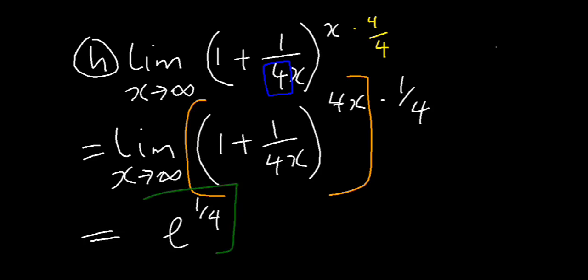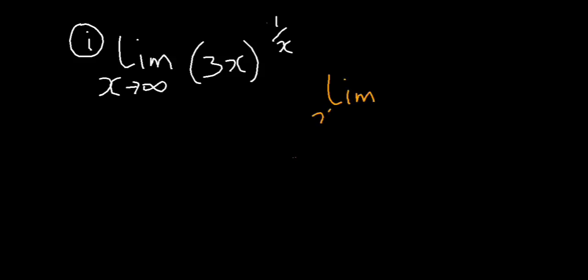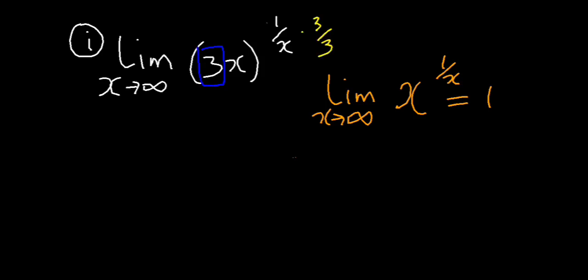Now let's move on to the next example. Now, the limit when x tends to infinity of (3x) raised to power 1 over x. So remember that the limit when x tends to infinity of x raised to power 1 over x is equal to 1. But in our question we have a factor of 3. So let's multiply the power by 3 over 3.